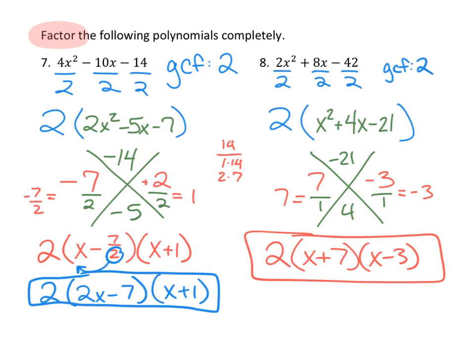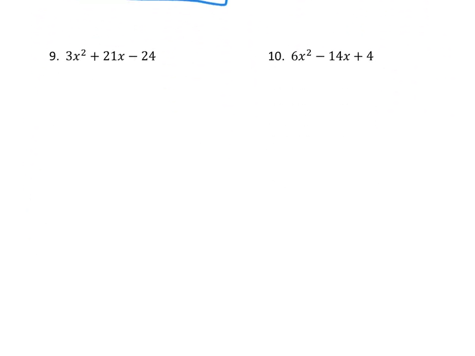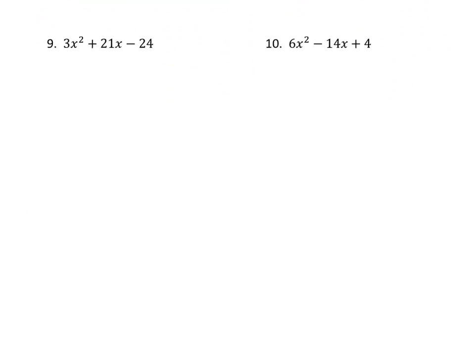What are we checking for every time first? GCF. On number 9, does this have a GCF between 3, 21, and negative 24? Aren't all those numbers divisible by 3?